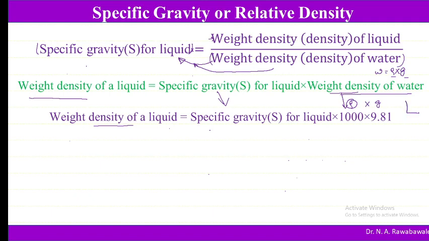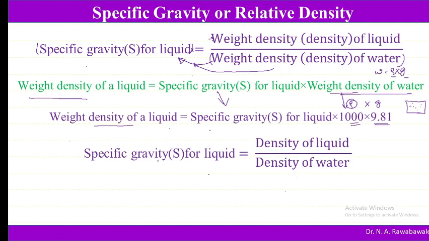If we take 1 meter cube of water in a container, and if we take its mass, that will be 1000 kg, and g is the constant of acceleration due to gravity, the value of which is 9.81. So this gives us weight density. Similarly we can find out mass density also. Specific gravity for liquid is nothing but density of liquid to density of water.